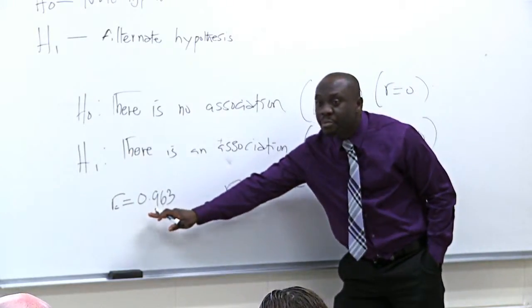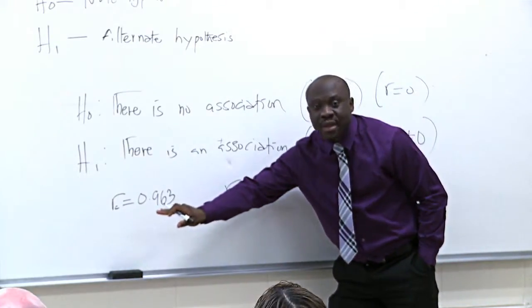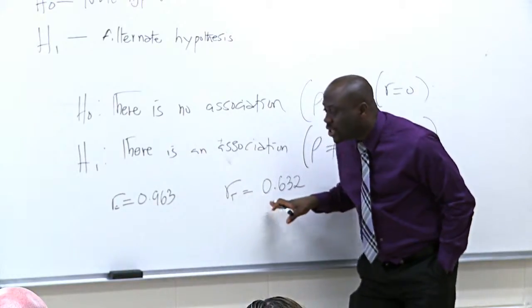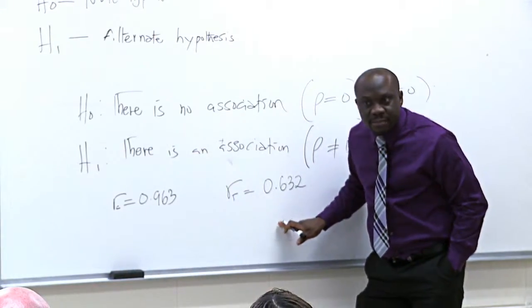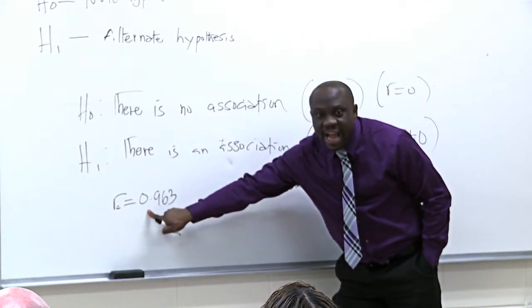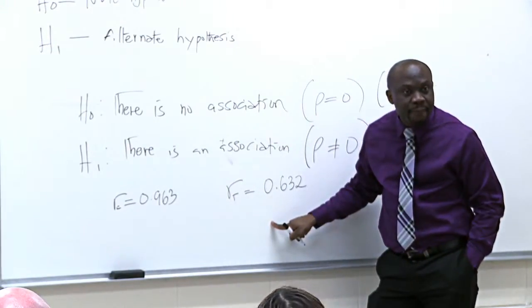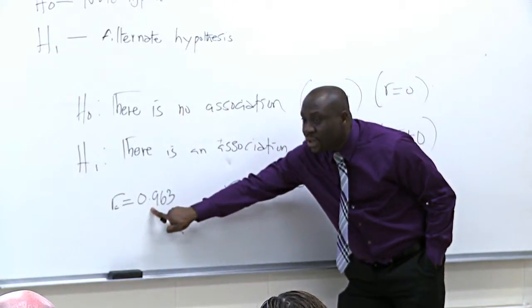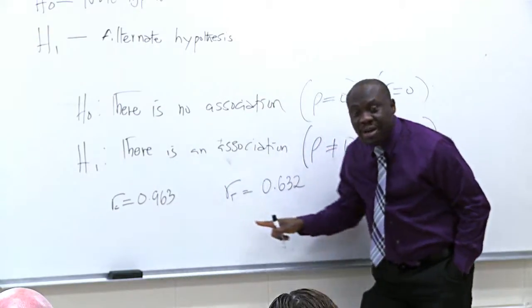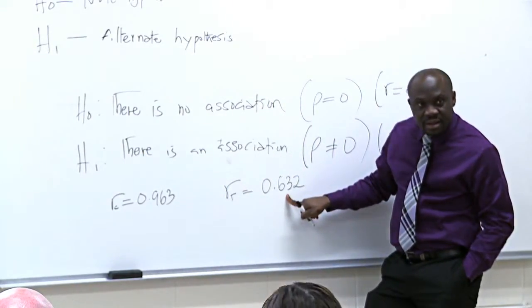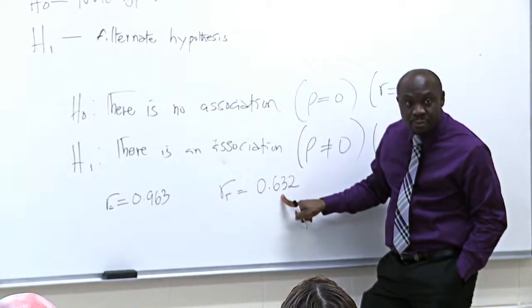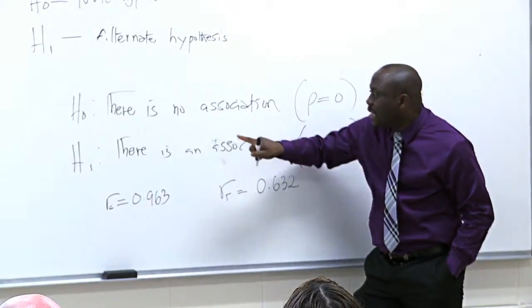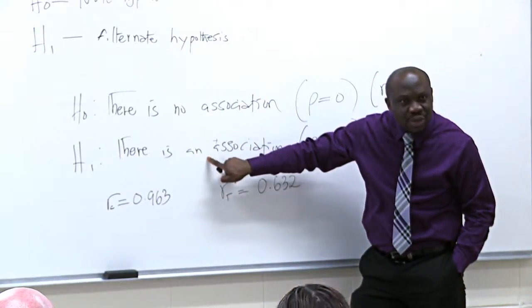Now, if we compare the magnitude of these two numbers, you can tell that this guy here is bigger than that. If the one you computed is bigger than the one from the table, you will say that, let's choose this one. What does this one say?